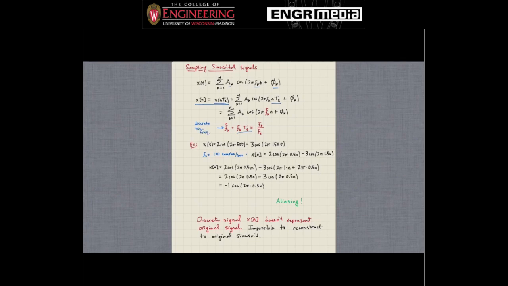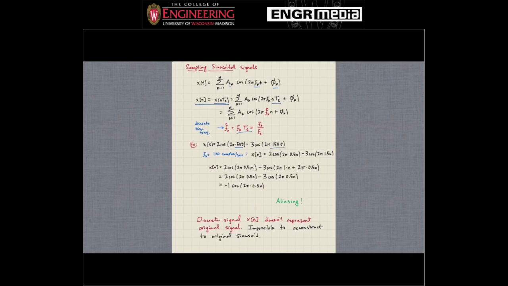Let's look at an actual concrete example where we just have two sinusoidal components. We're going to look at this a lot throughout this lecture to understand what happens when we change the sampling rate. Let's say the signal x(t) is a cosine at 50 hertz, minus 3 times another cosine at 150 hertz.